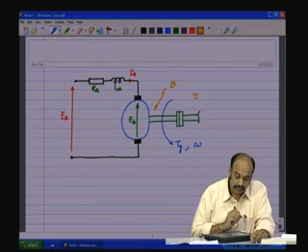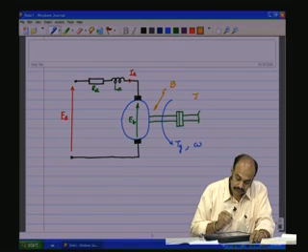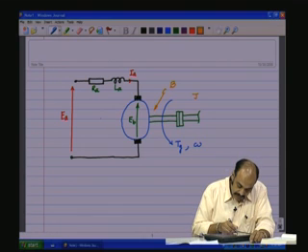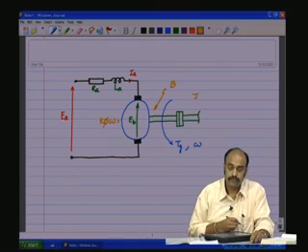There is a back EMF, we said, and this back EMF can be expressed in terms of the mechanical domain state variable, and that is K phi omega. We saw this in an earlier discussion. So, that is equal to the back EMF.